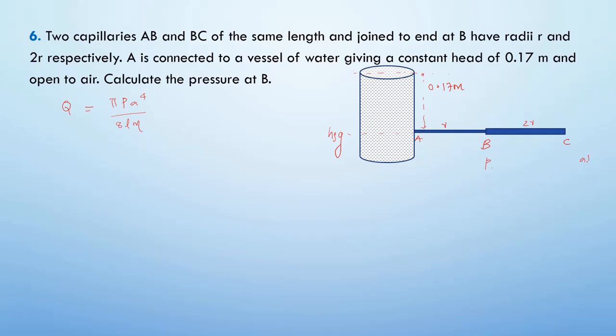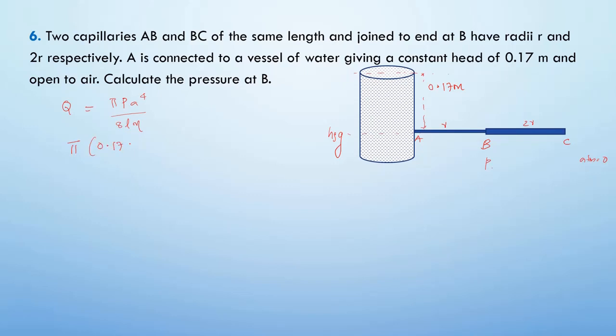When we take the atmospheric pressure as 0, it is just P. So we can equate the volume rate of flow equation of the capillary tube AB to that of BC.